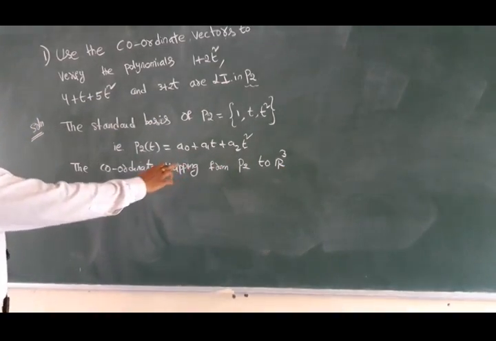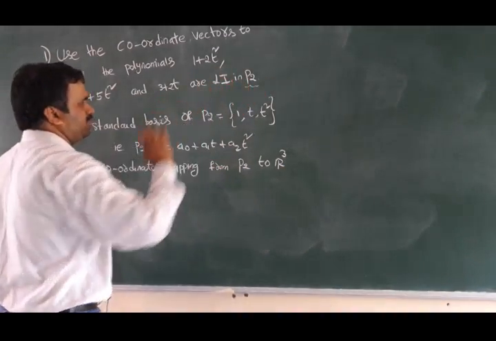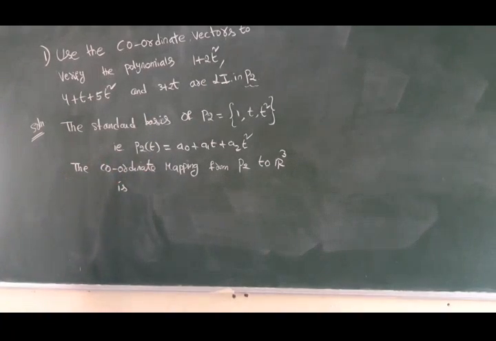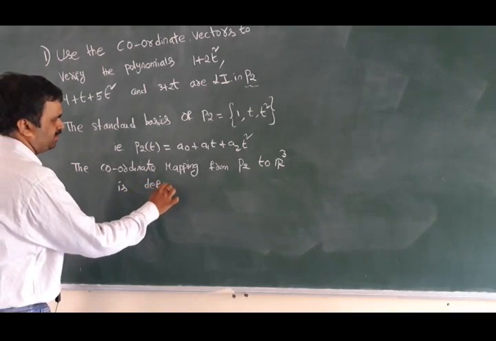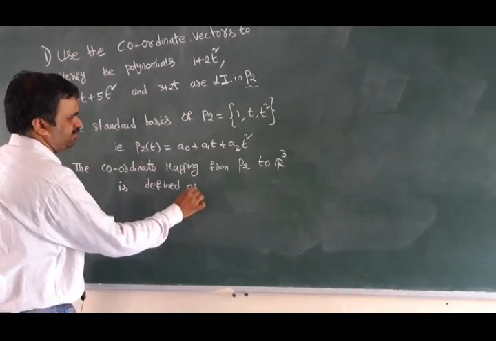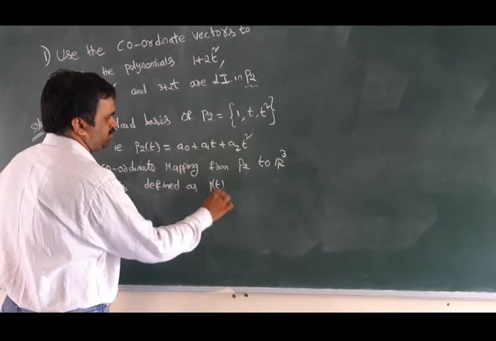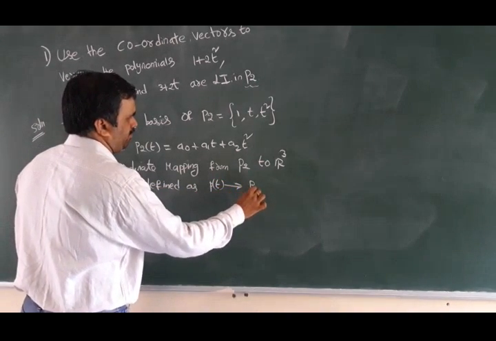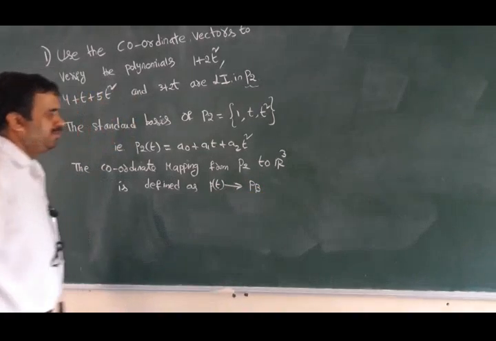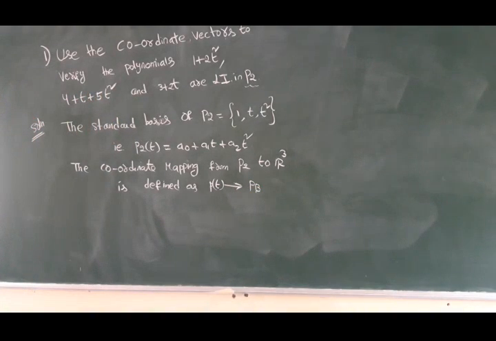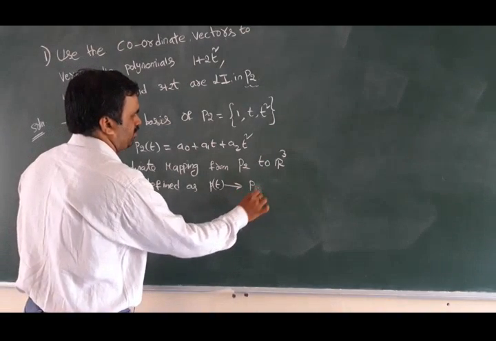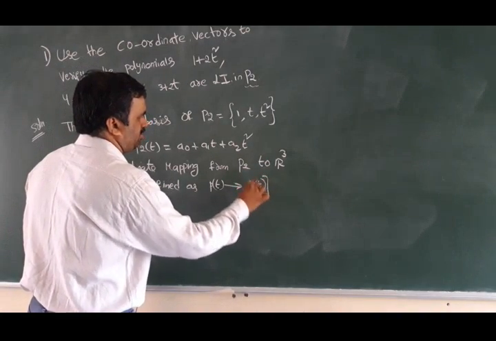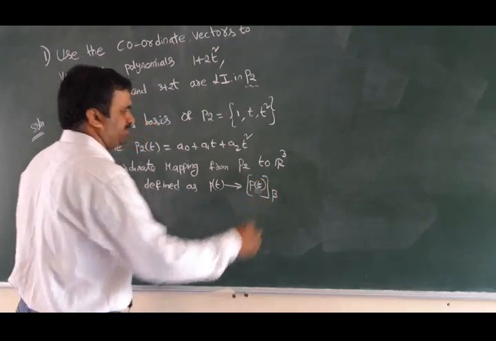The coordinate mapping from P2 to R^3 is defined as p of t to [p]_beta, or you can write polynomial with respect to beta.